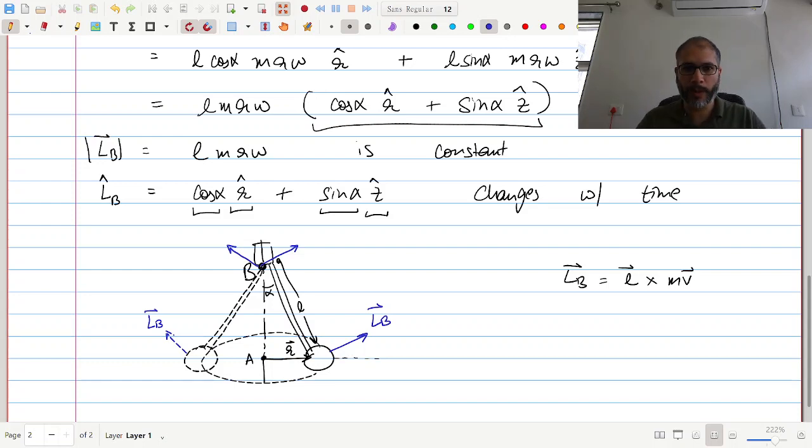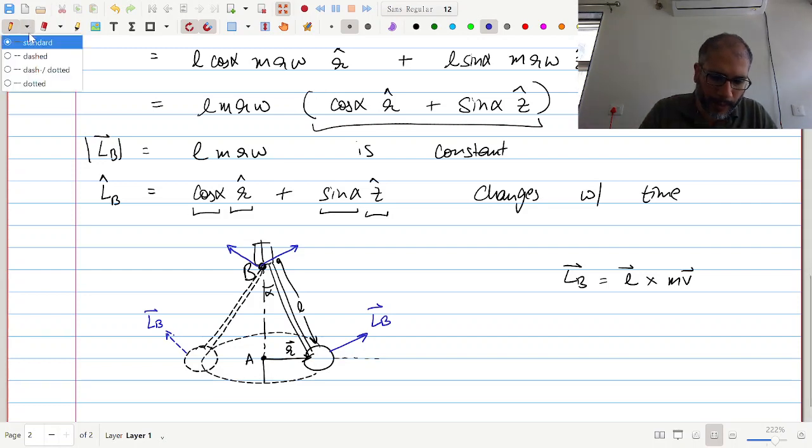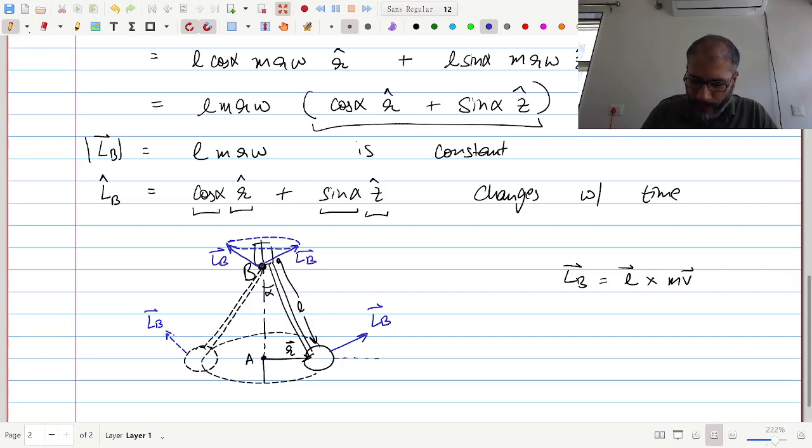And if you were to draw a surface which contains the complete LB, that surface becomes a cone. So the vector angular momentum about B forms a cone, so it is changing with time.